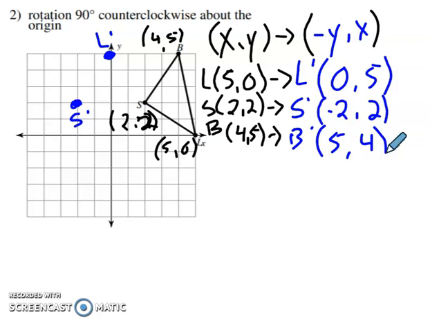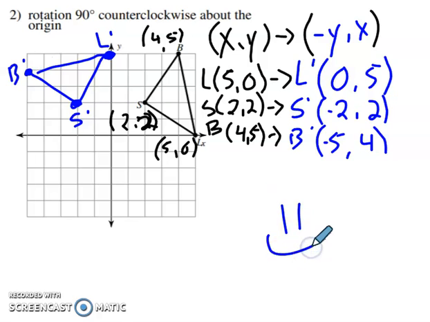And now we take the opposite of what our Y value was. Our Y value was 5. So now instead of writing positive 5, we're going to write negative 5. That's the opposite. So we graph negative 5, comma 4. And that is our B prime. And that's how we do 90 degrees counterclockwise about the origin. Nice job.